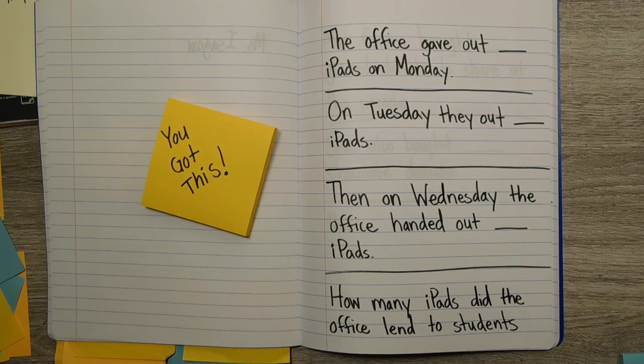And so I thought, hey, let's do a multi-step word problem focused on that, because some of you may actually have gone to the office, made an appointment, and gotten an iPad or a Chromebook on loan. And so I thought that's something that you would understand if I put it in the context of a word problem. So let's do that for this week for our first multi-step word problem. Ready? So let's read the whole problem and then let's look at it step by step.